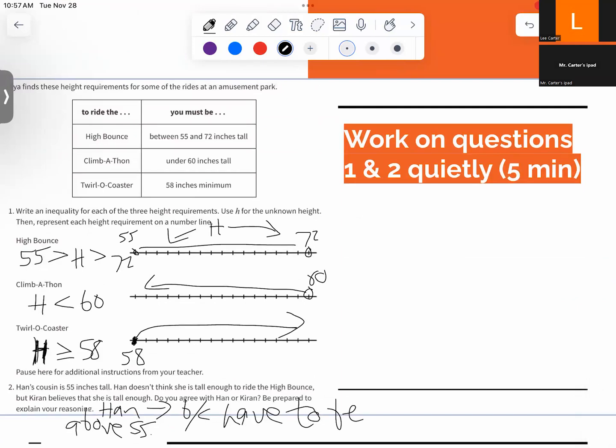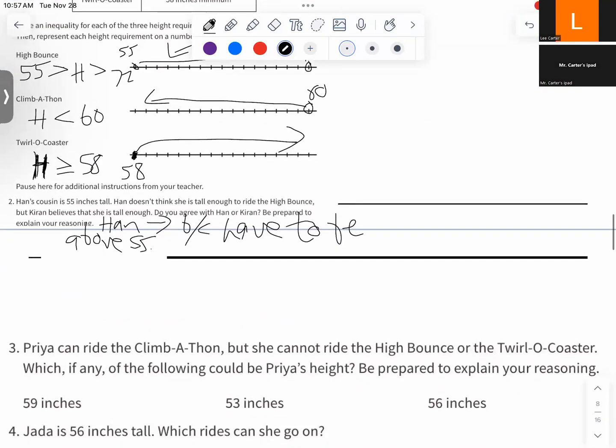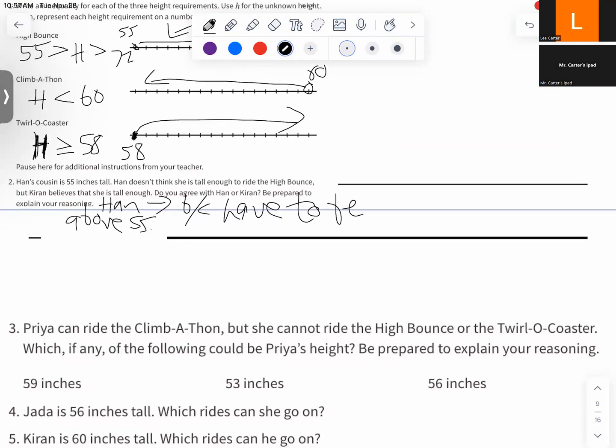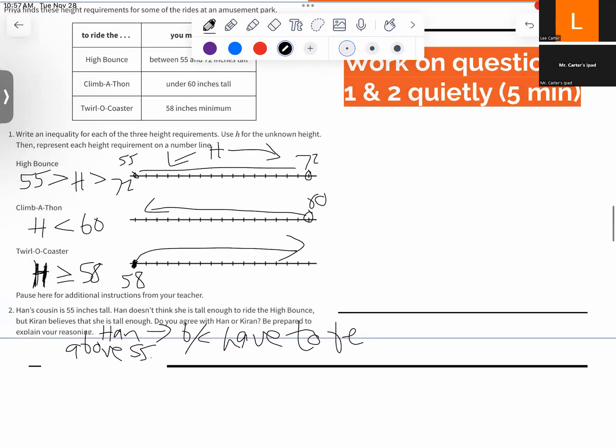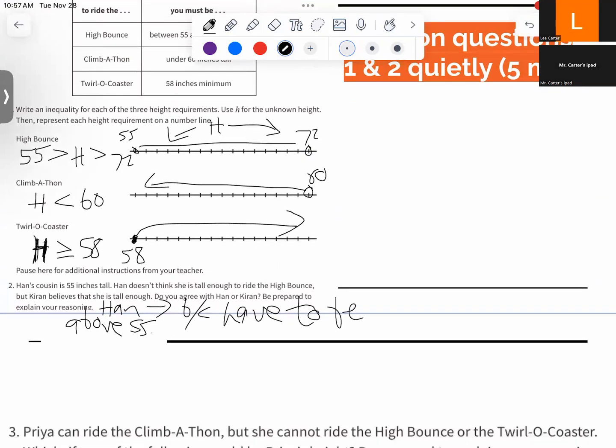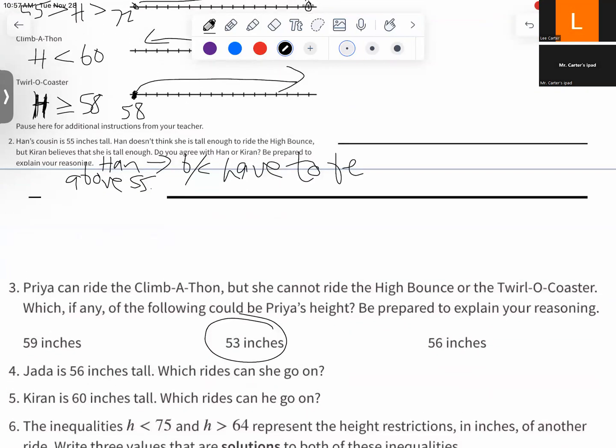So if she was, say, 59, she could ride the high bounce too, or 58 or 57, 56. So she could be 53, right? But if she was 56, then she'd be able to ride the high bounce too. And if she was 59, she'd be able to ride the high bounce too. Okay. So 53 is the only one. So that would be the kind of reasoning behind that.